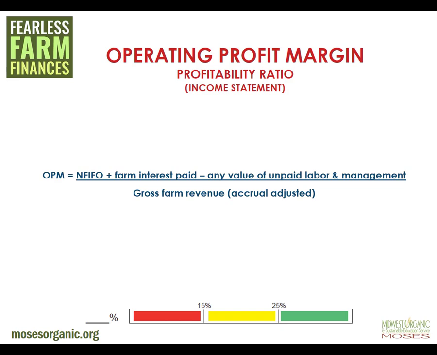Remember, that accrual adjustment is just attempting to look at what actually went into the production from that year. So it would count prepaid things going from the previous year into this year, but it's not going to count any expenses that you may have prepaid this year that should go for next year.